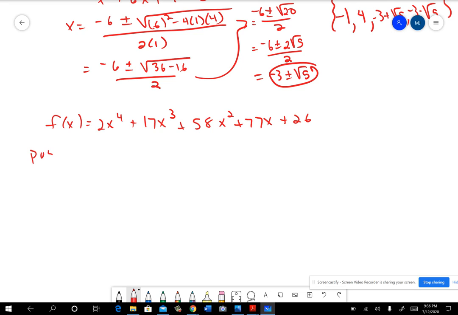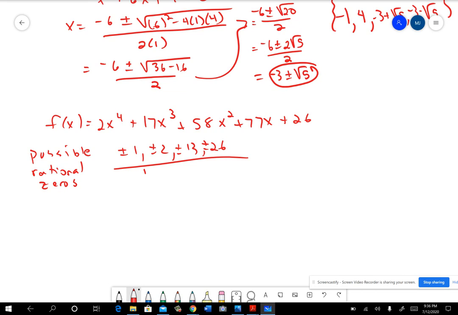So the possible rational zeros are going to be plus or minus 1, 2, 13, and 26 over plus or minus 1, plus or minus 2. So we're going to have several possibilities.